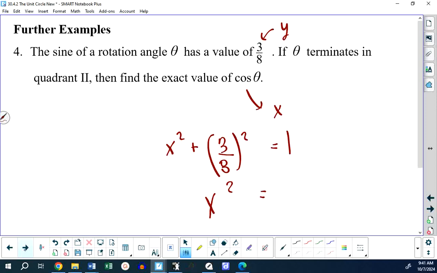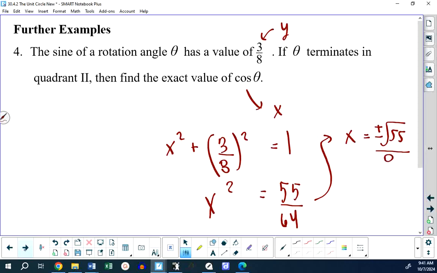No? 55/64. Thank you. That means that x is equal to plus or minus root 55 over 8 because root 64 is 8.